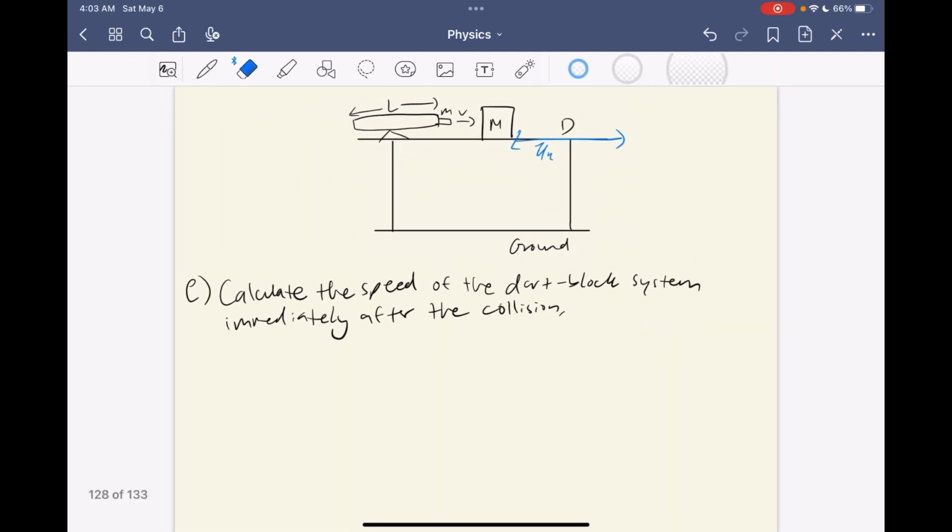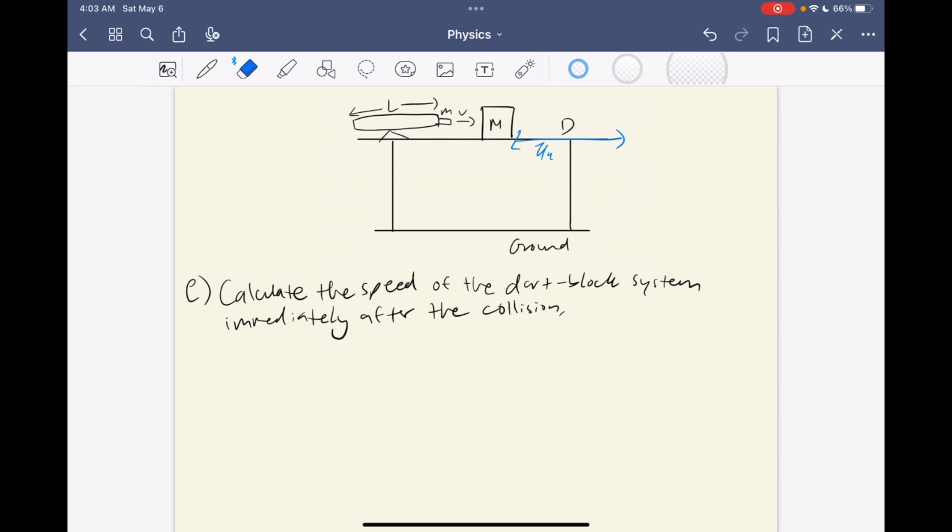So for part E, it says calculate the speed of the dart block system immediately after the collision. We know that this whole thing is an inelastic collision. So that means the momentum of the system, the velocity will be shared among the two masses.